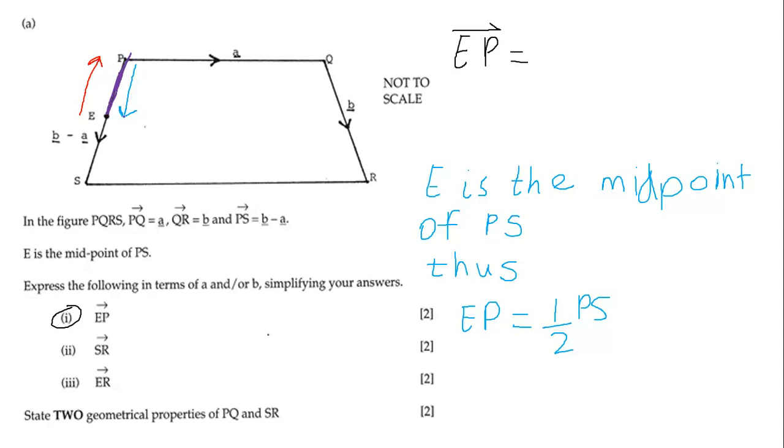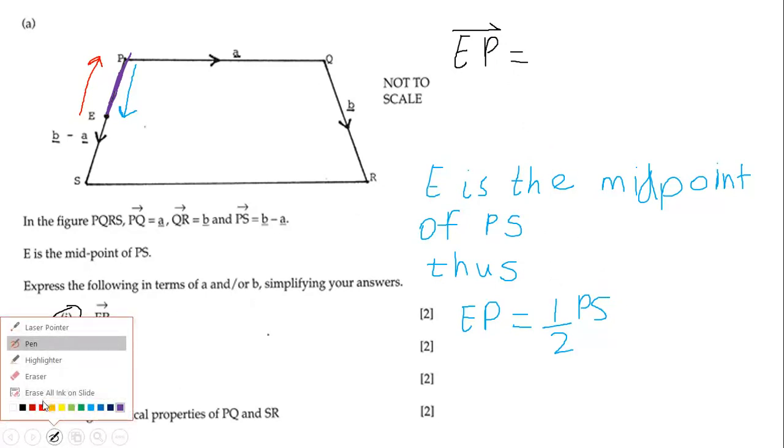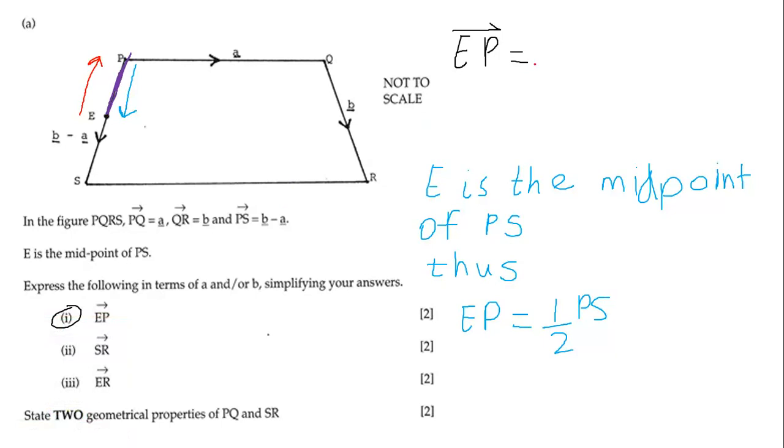And so that means that instead of the vector EP being just half of PS, it's going to be negative half of PS. Why negative? Because we're heading in the opposite direction.